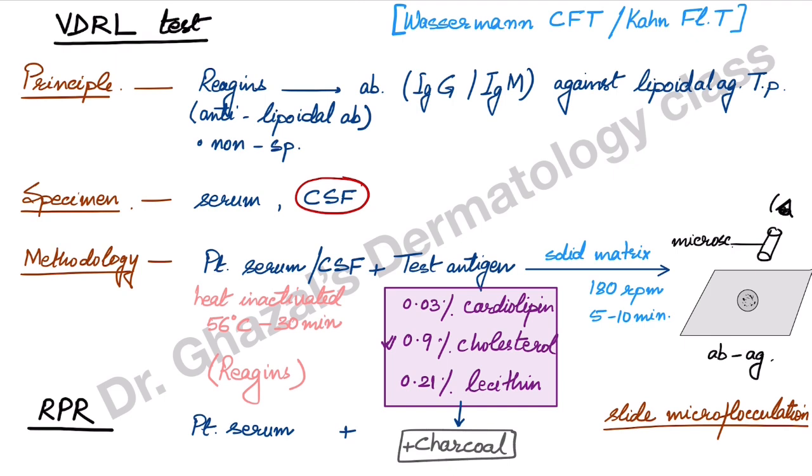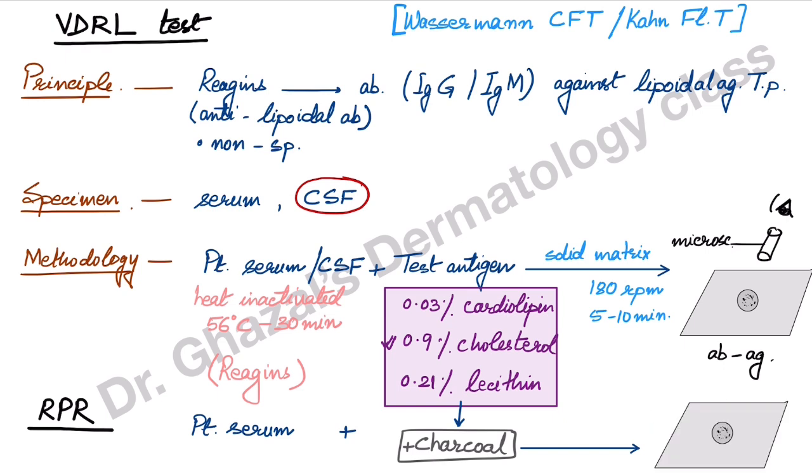This charcoal can be visualized even without the microscope. So when they are observed, the flocculation occurs. The charcoal gives the black color and can be visualized even without the microscope, by the naked eye. So this is important because we cannot use CSF here and it can be visualized by the naked eye.